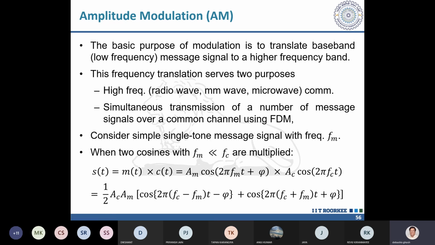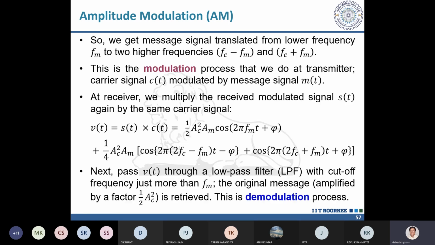This is how the frequency translation takes place. So we get a message signal translated from lower frequency fm to higher frequencies, fc minus fm and fc plus fm. And this process is called modulation. This is the modulation process which we do at the transmitting end.